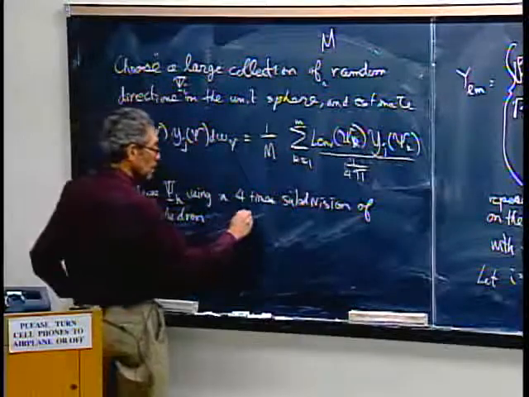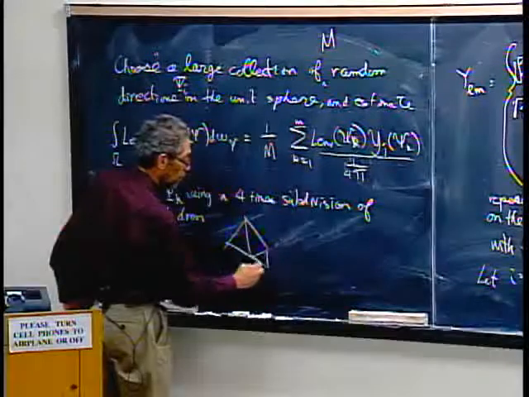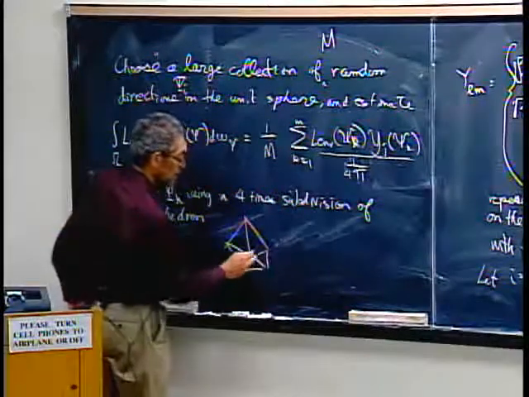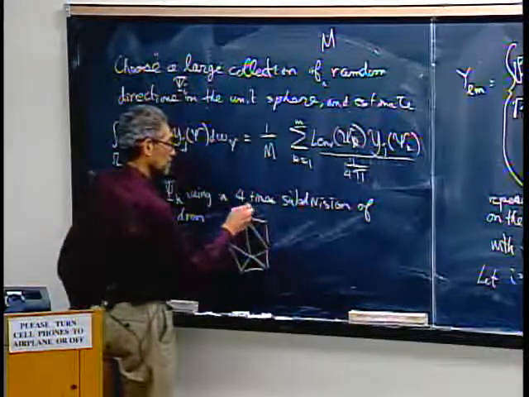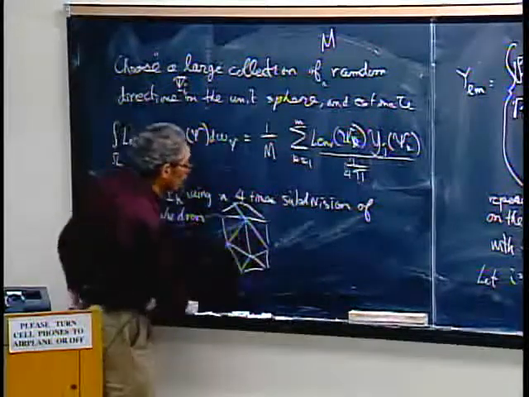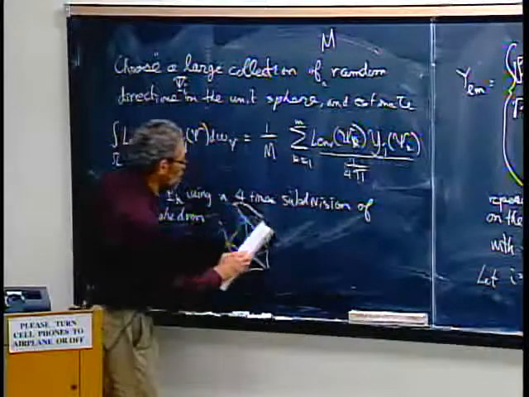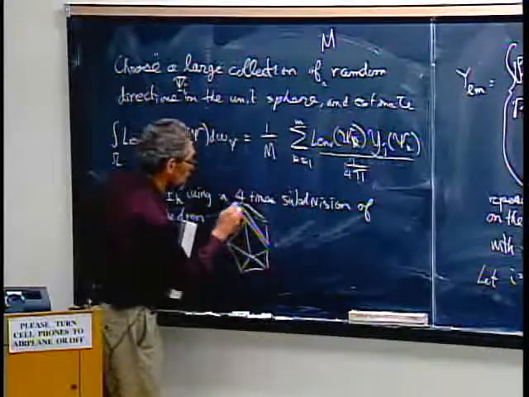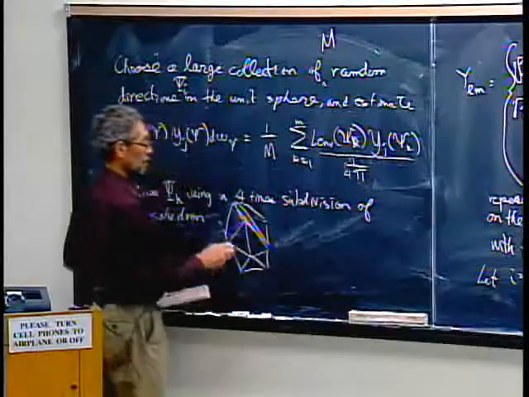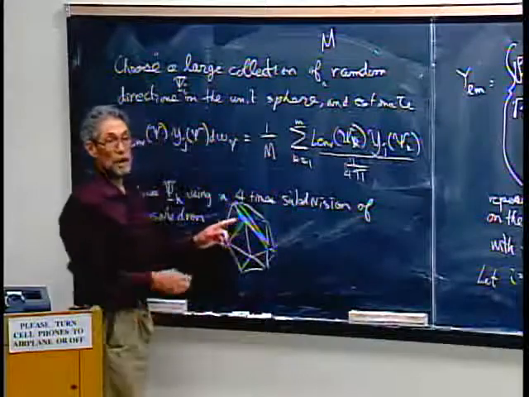So an icosahedron is a particular collection of 5 triangles at a vertex. I haven't drawn it very well, but it's this collection of 20 triangles that make a sphere.